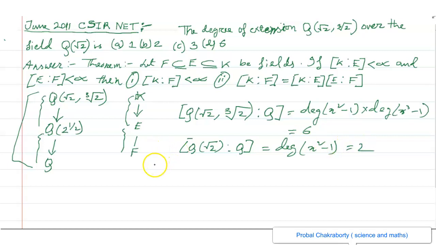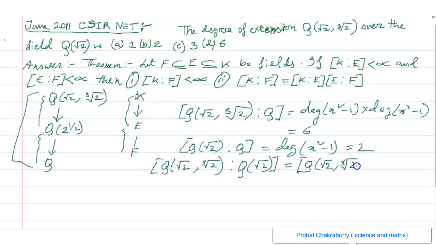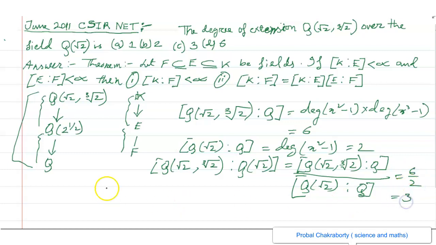So friends, whatever we get, we know that the degree of Q(root 2, cube root 2) over Q(root 2) equals the degree of Q(root 2, cube root 2) over Q divided by the degree of Q(root 2) over Q, which is 6 divided by 2, equal to 3.